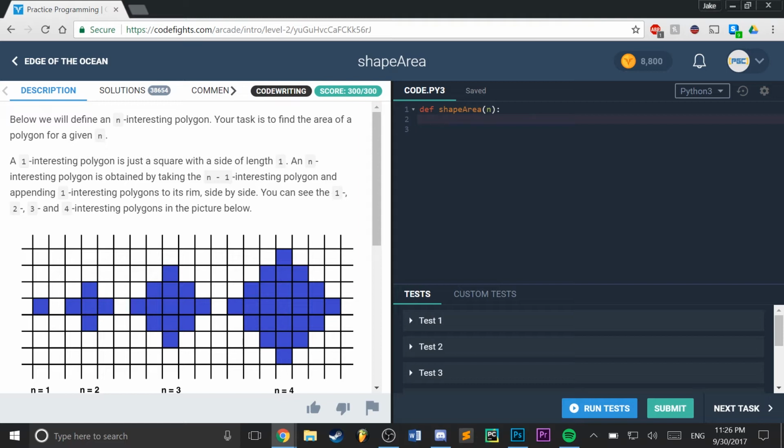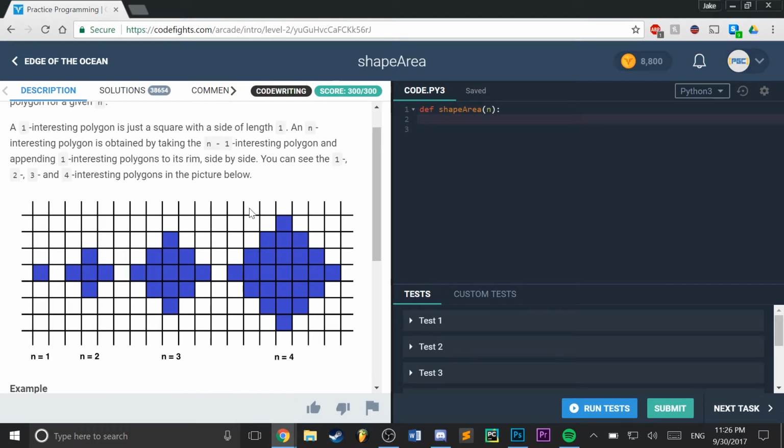An n interesting polygon is obtained by taking the n minus 1 interesting polygon and appending 1 interesting polygons to its rim side by side. You can see the 1, 2, 3, and 4 interesting polygons in the picture below. So that's helpful for us, but let's take a look at the actual picture itself.